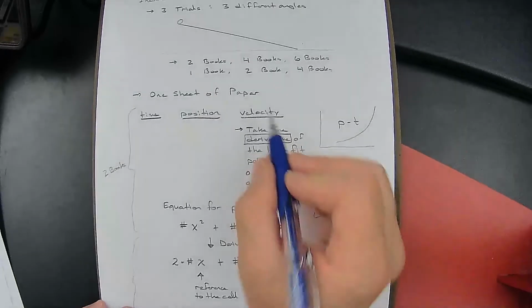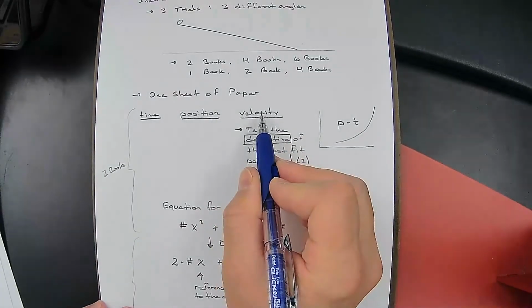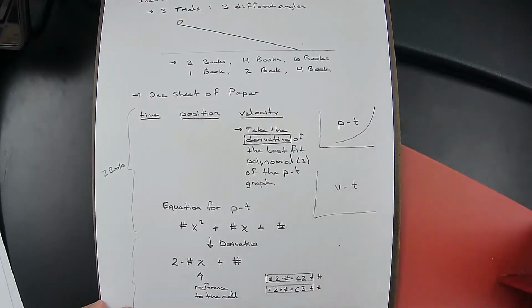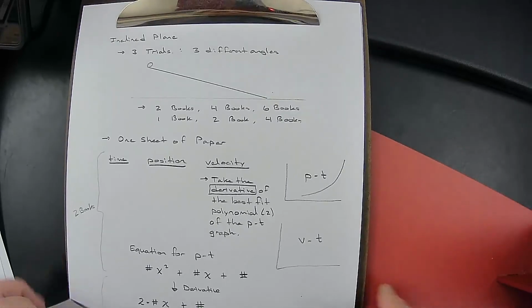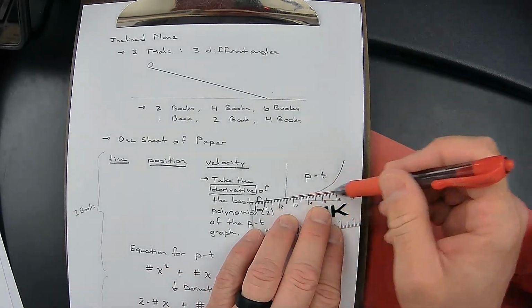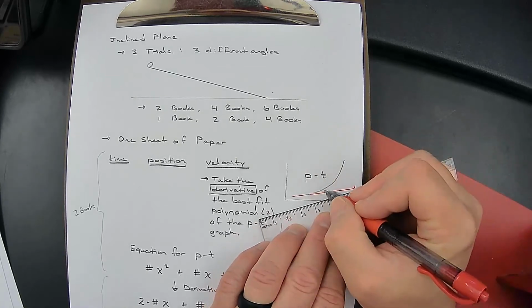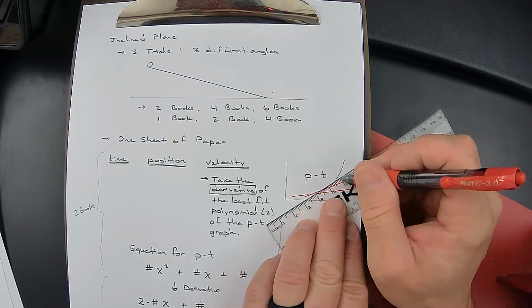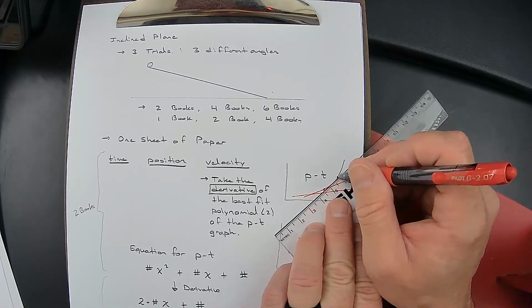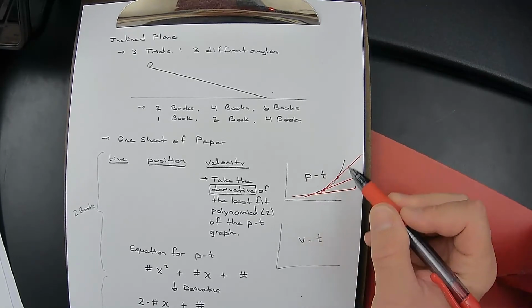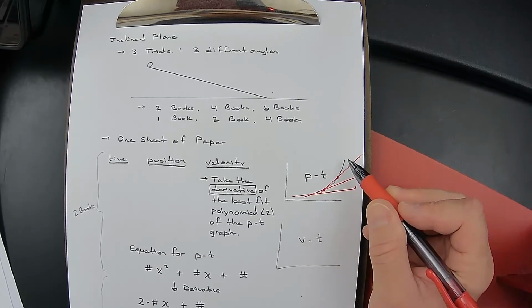It has to do with the fact that velocity is found on a position time graph by the slope of the line. But the slope of the line for a position time graph, depending on where you are on the graph, is different. The slope of this curve is constantly changing.